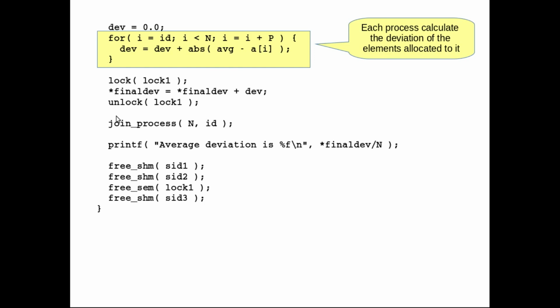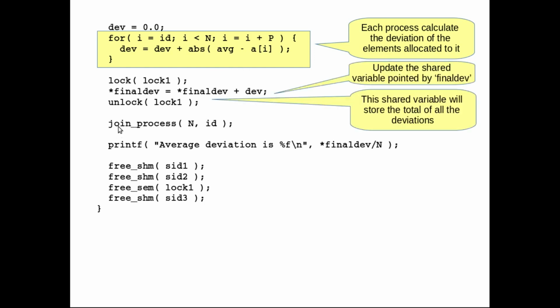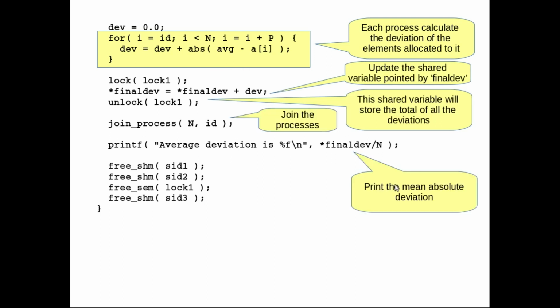And then again, join process, again we will wait for all the processes to arrive, and after join process, 3 of the processes will be killed, and only one of the processes will remain, and that process will go ahead and print the mean absolute deviation. So this is the parallel program to calculate mean absolute deviation.